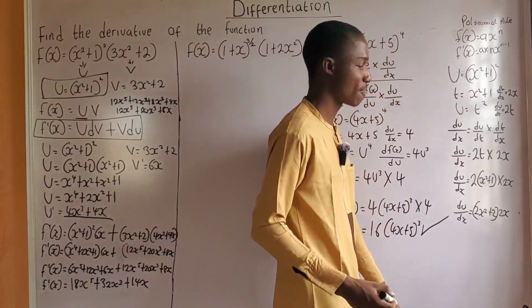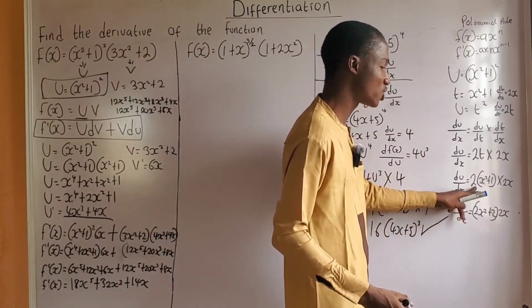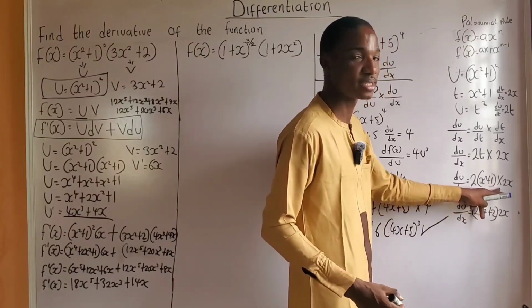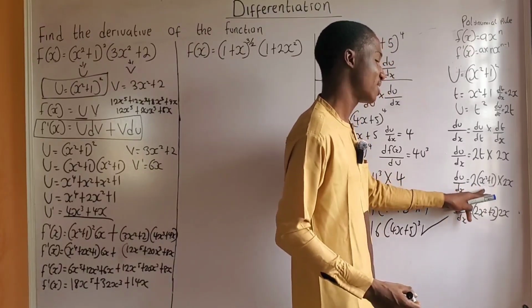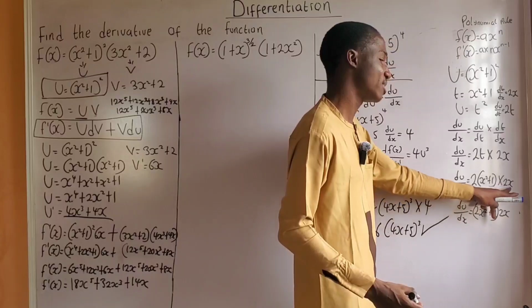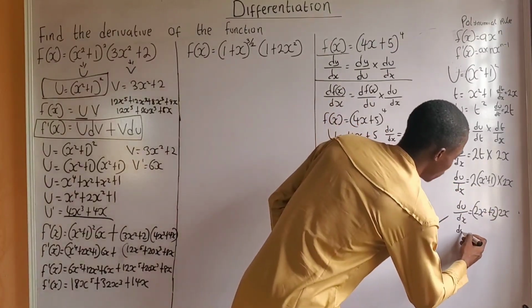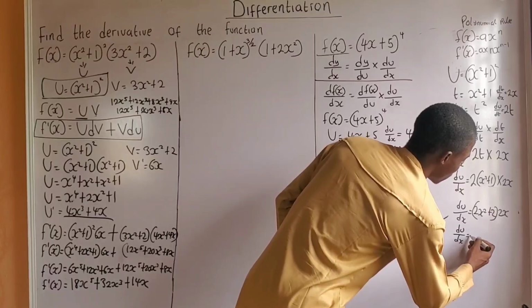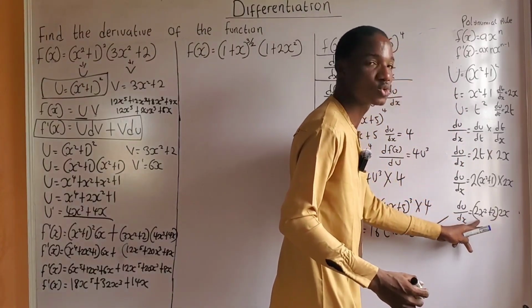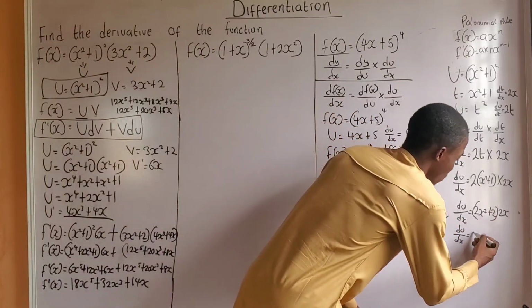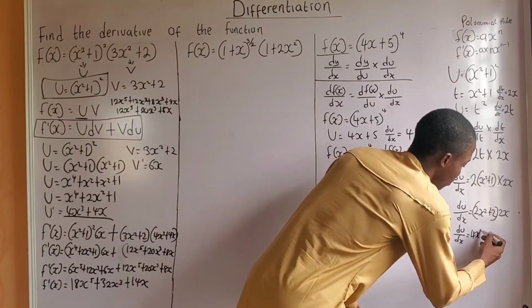Do you understand? I first use the 2 to multiply all the terms that I have inside the bracket. So I have this. Then don't forget that this 2x is also multiplying all of them. So du over dx is equal to 2x times 2x squared, that is 4x cubed.